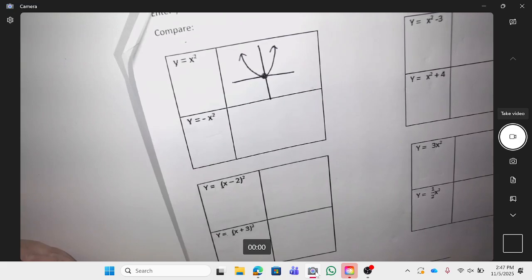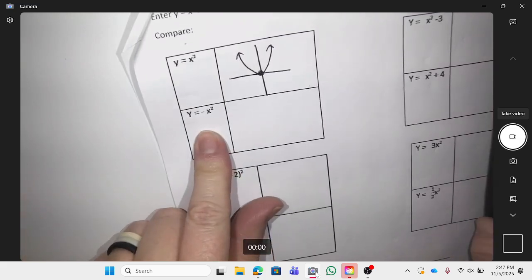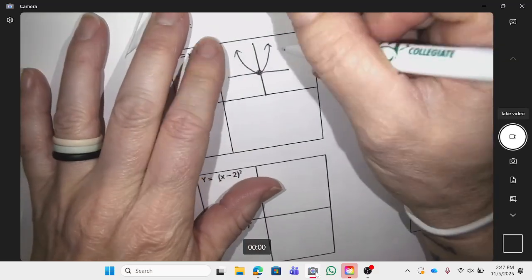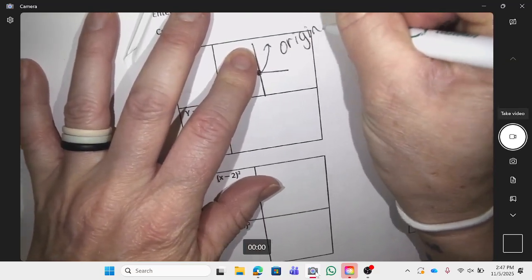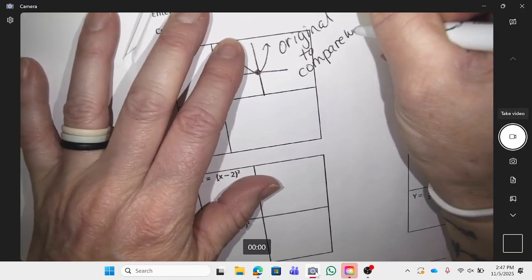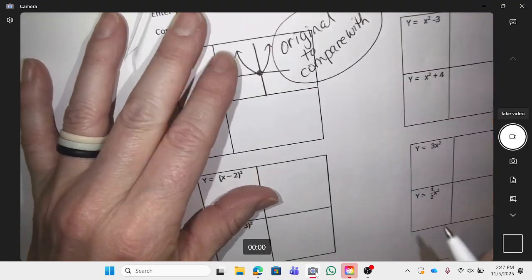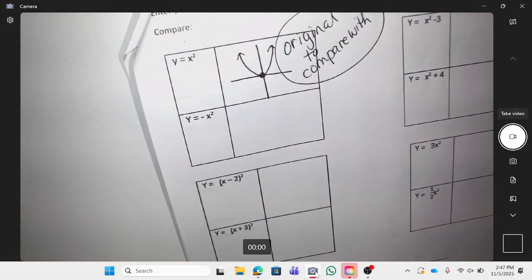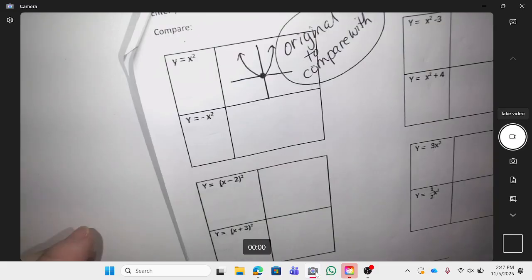Okay, now we got a new graph. So, sorry, this is going to be called the original to compare with. This is the original graph. We're always going to compare ourselves to this one, because it's just x squared, nothing else in there.